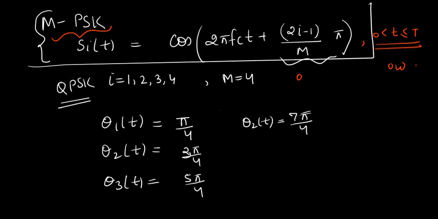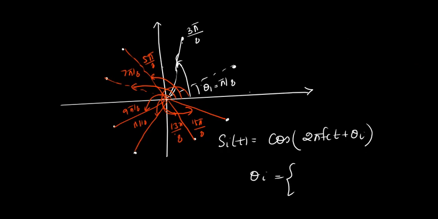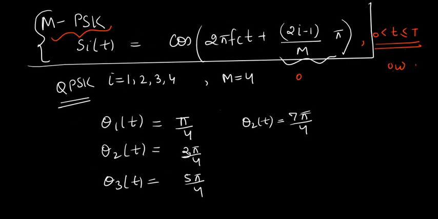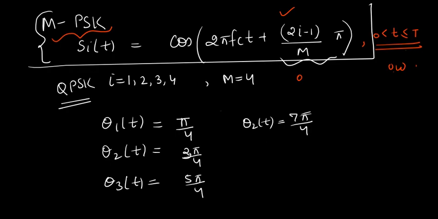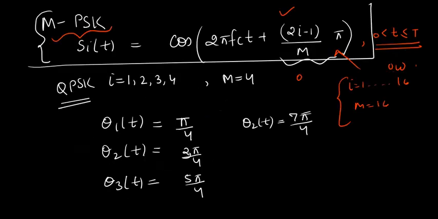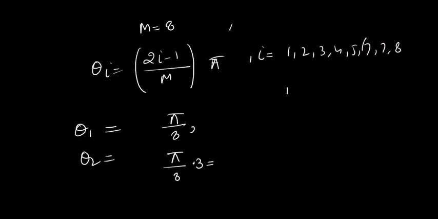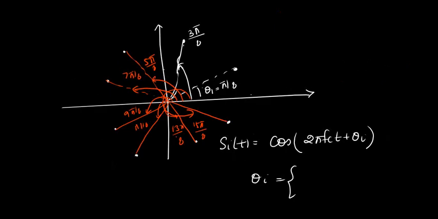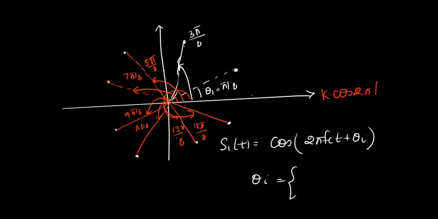It can be 4, it can be 8, it can be 16. You just have to use this formula, and for 16, i will go from 1 to 16 and M will be 16. You put it here and you will get all the points. You understood my point? Of course, you will get the points, and this will be k cos 2 pi fc t.